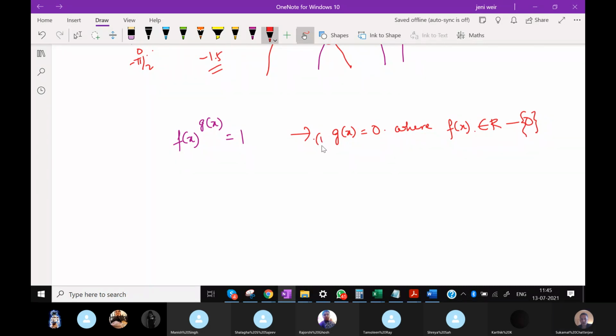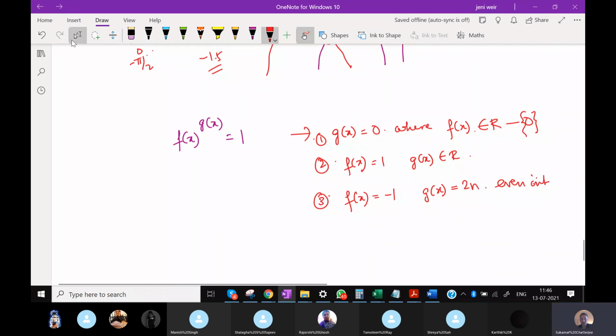And the second case is f of x equal to 1 and g of x is any real number. And the third case is f of x equals negative 1 and g of x is an even integer. So these are the three possible cases.